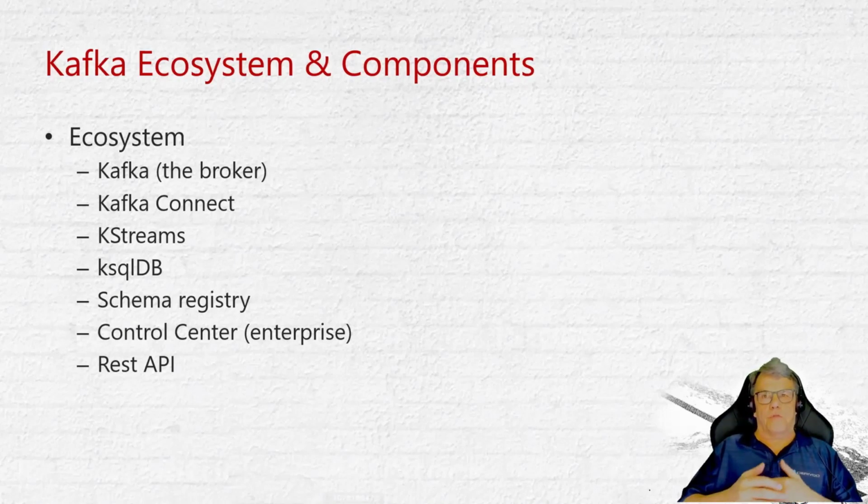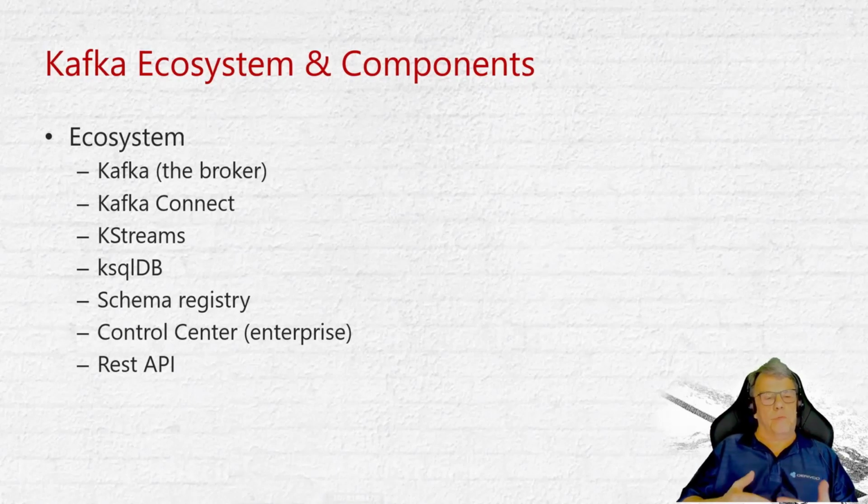K-streams is a stream library written in Java where you can write applications that consume these messages, these events, the records that are published to Kafka. Then we have the star of the show, ksqlDB, which is once again a real-time streaming database. It's built upon K-streams. We'll talk more about that in a bit.